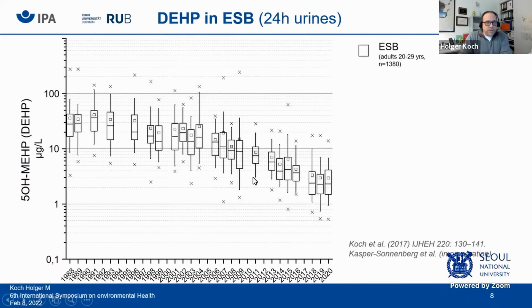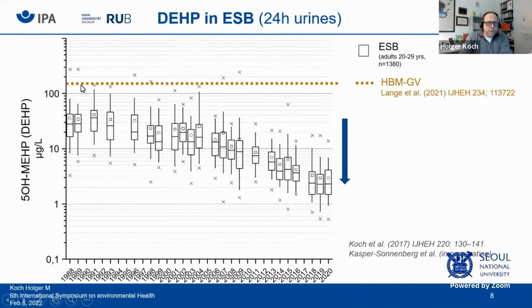Look at the logarithmic scale, and you can see the drop of the internal exposure levels, of the urinary concentrations, from the early 90s to last year. It's a drop by more than a factor of 10. It's a logarithmic scale, and it's very similar to the consumption numbers. So that's the specimen bank data here.